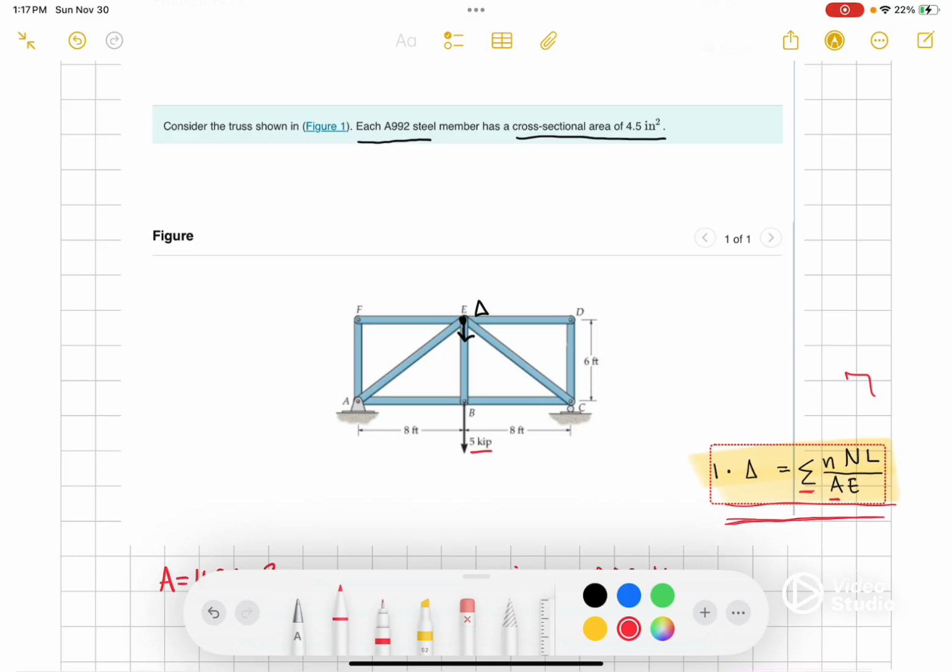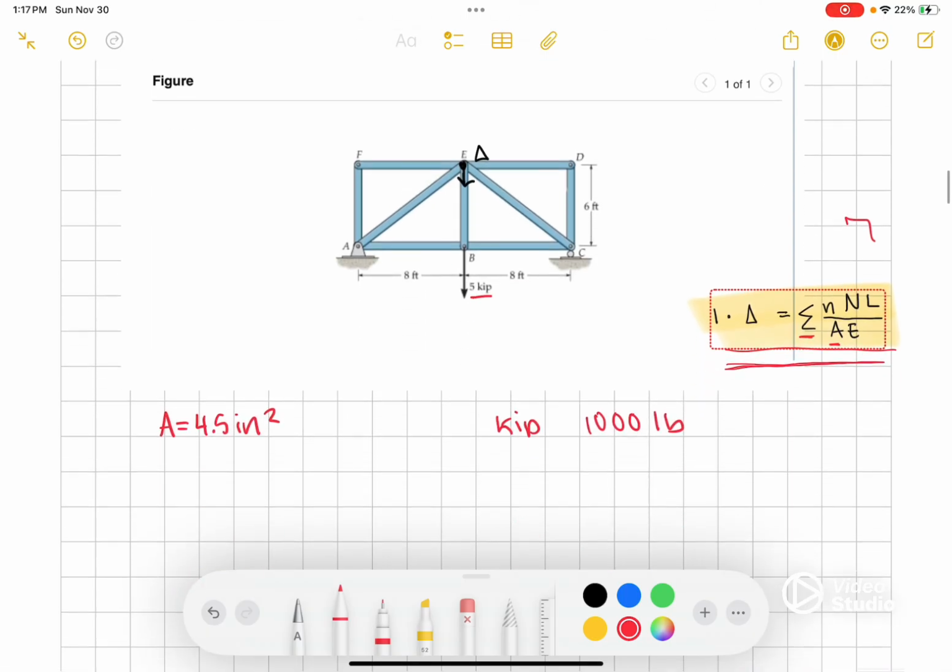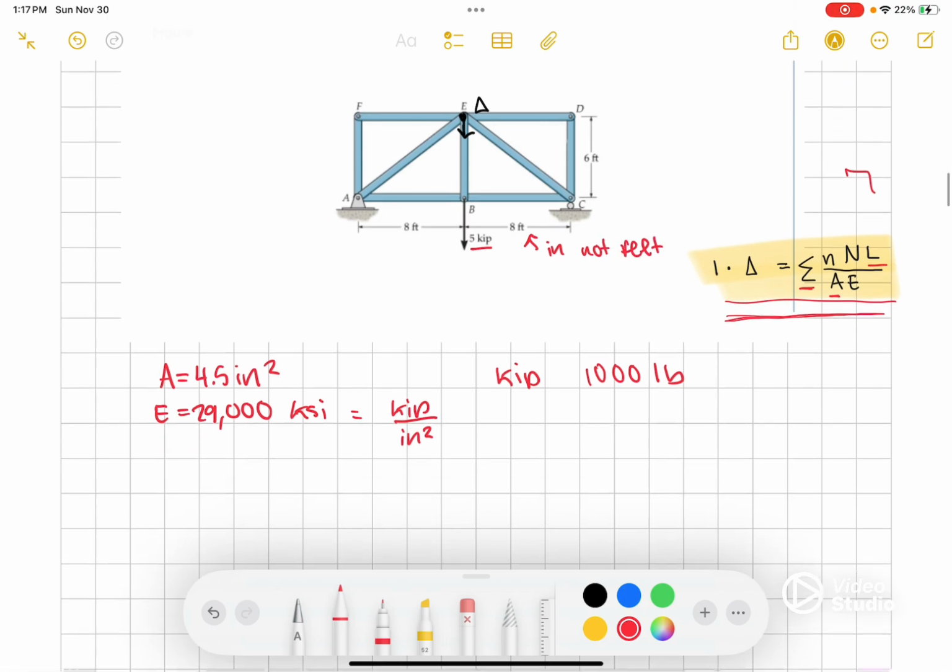So our E in imperial units is 29,000 KSI, which is kip per square inch. And so this means that when we take our lengths, we're going to want to take these in inches, not feet. So we're going to want to do everything in inches and kips, and that way it will work out perfectly.